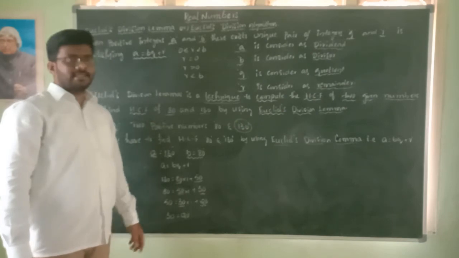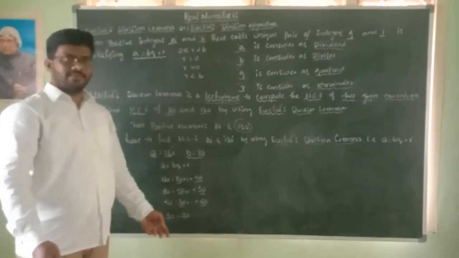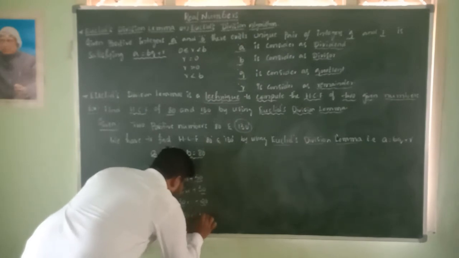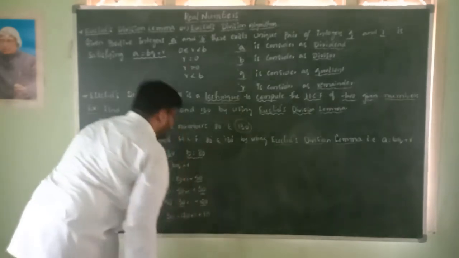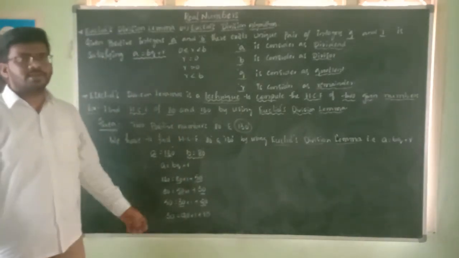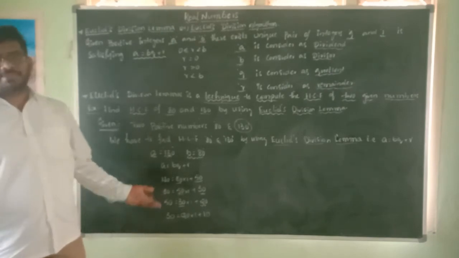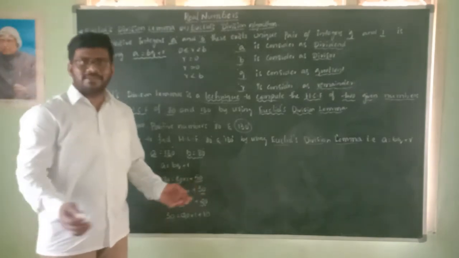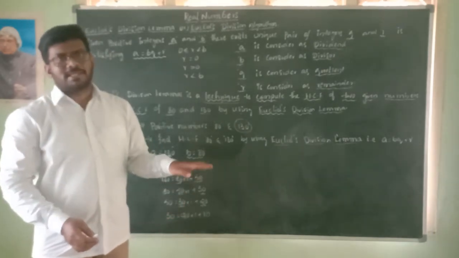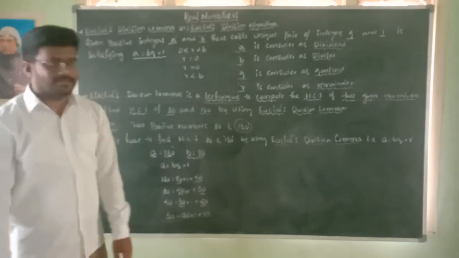This dividend 30 divided by divisor 20, the remainder will become 10. Is it correct or not, children? Correct. Here also the remainder is not equal to 0, so continue the technique for the next step also.